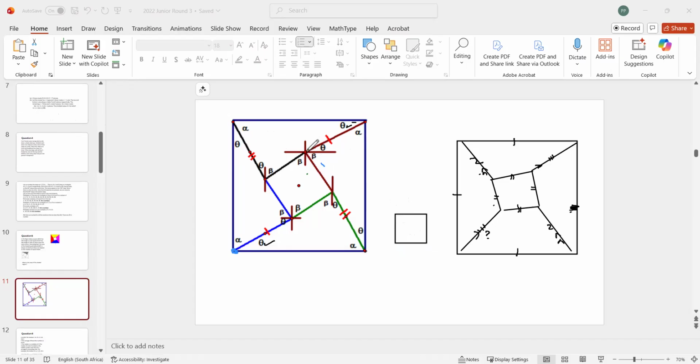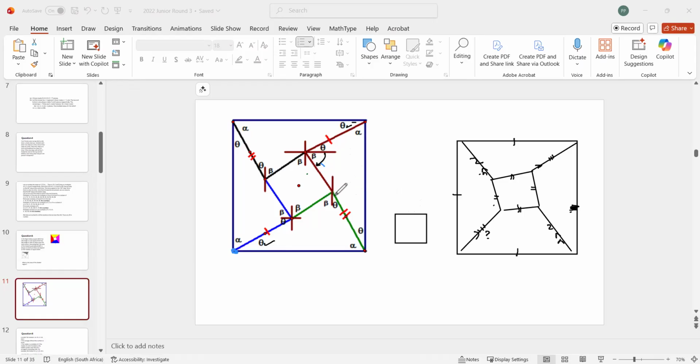Okay, now let's have a look at this vertex here. This line here becomes that. So the angle of rotation is beta, right? So this is rotated through an angle beta in the clockwise direction.